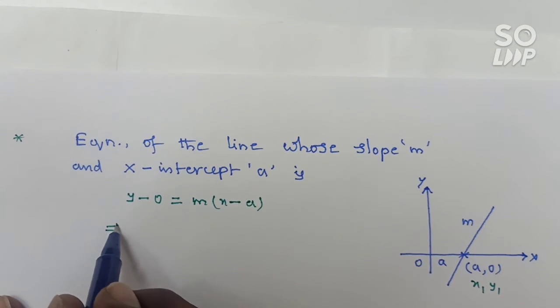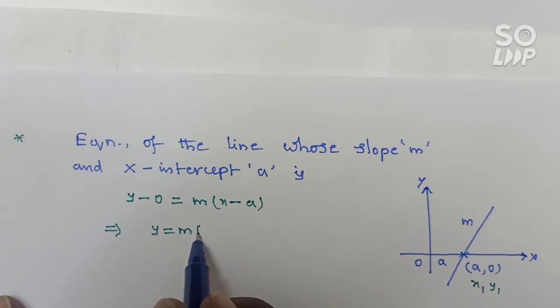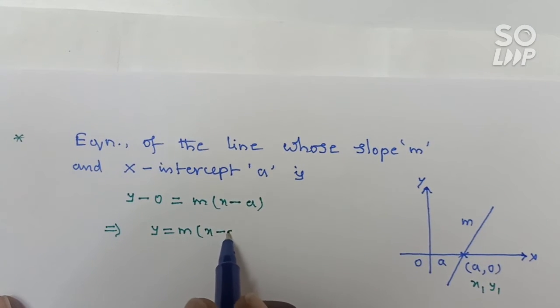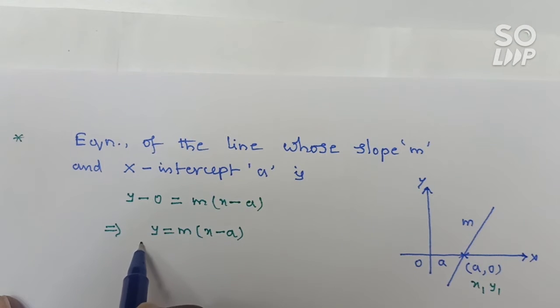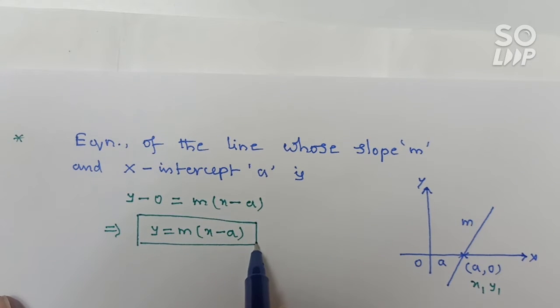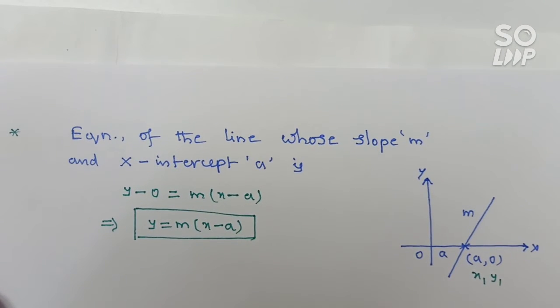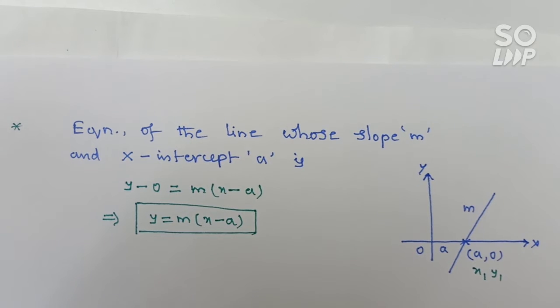From this you can write y is equal to m into x minus a. So please all of you remember, if we know the slope and x-intercept of a line, then the equation of the straight line is y is equal to m into x minus a.